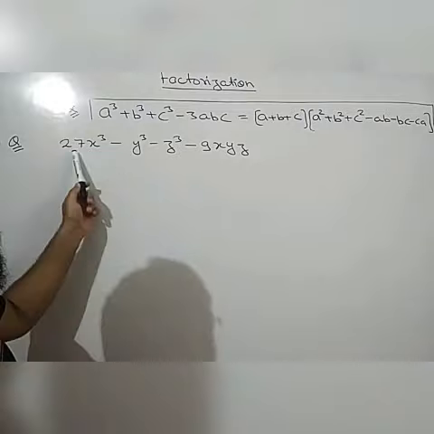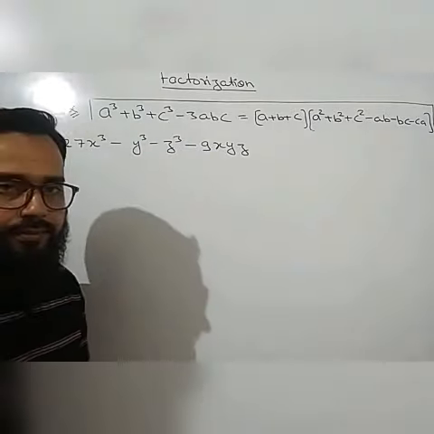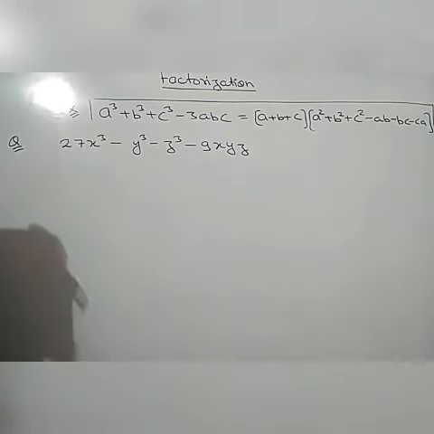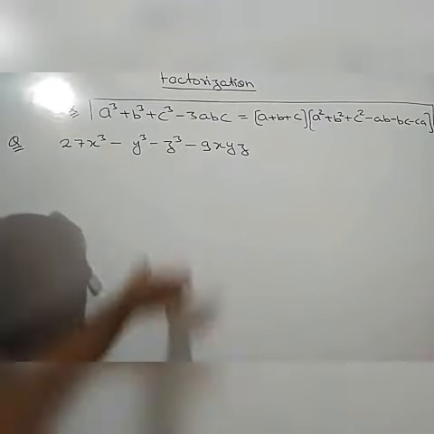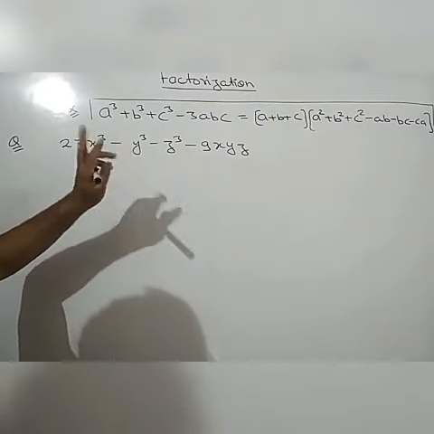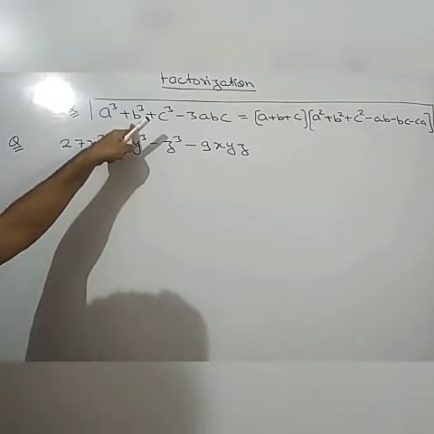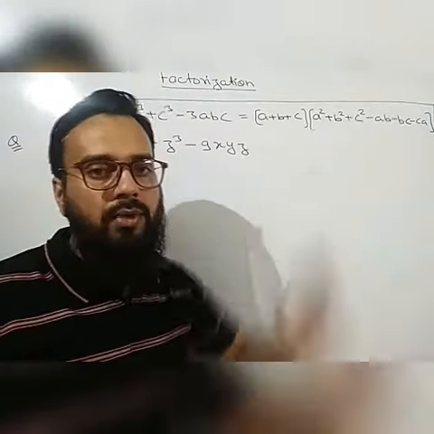But in the question it is a cube, minus y cube, minus z cube. So what will you do? First we have to convert this expression, where it has a minus sign, in terms of the given identity so that we can apply this formula.